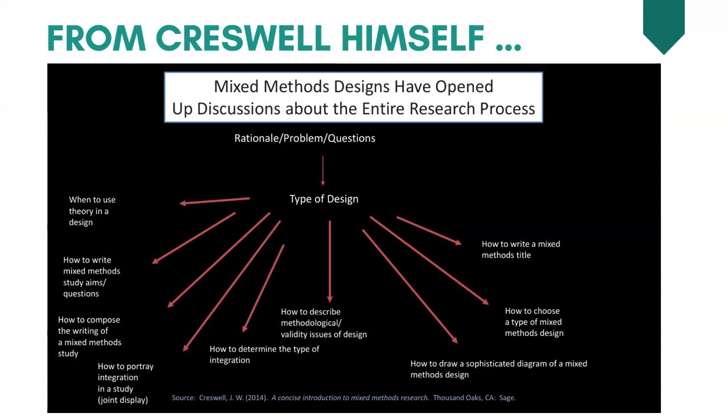And the final one on this list, how to write a mixed methods title. And that's just the title of your dissertation. What do you put? An integrated approach, a mixed methods approach, qualitative and quantitative reflections on. This has actually made us rethink.